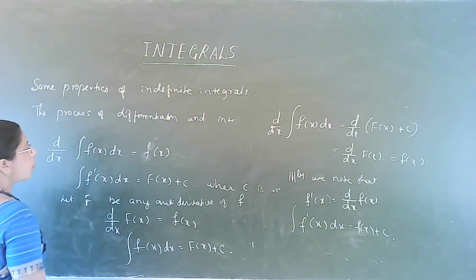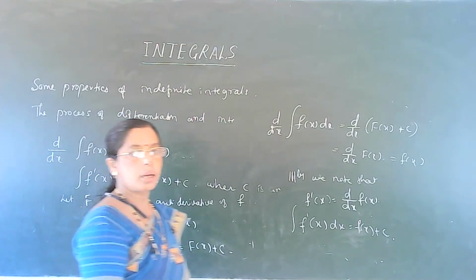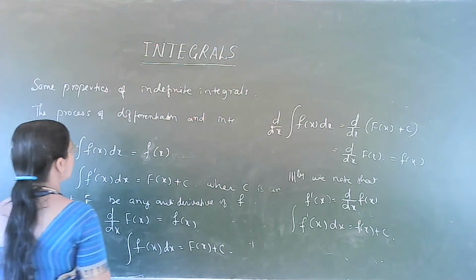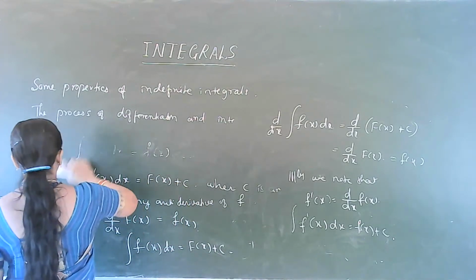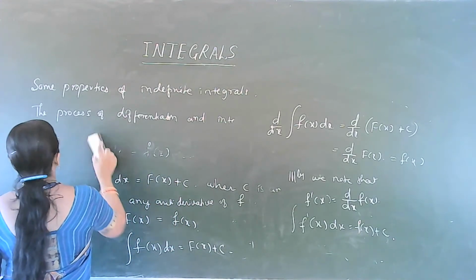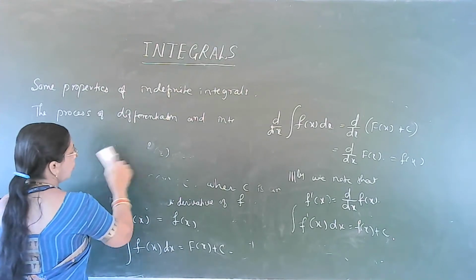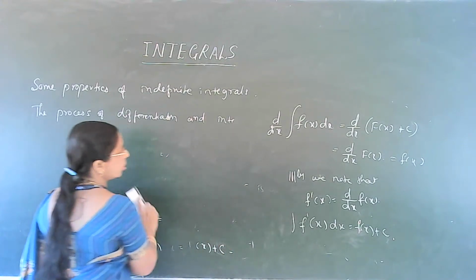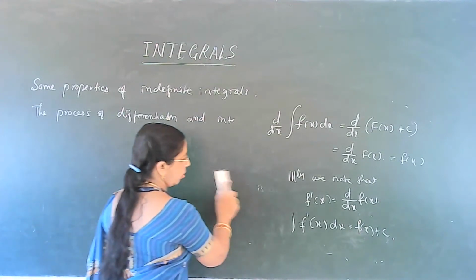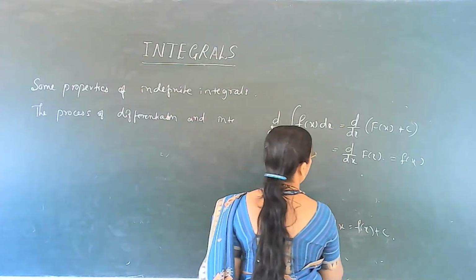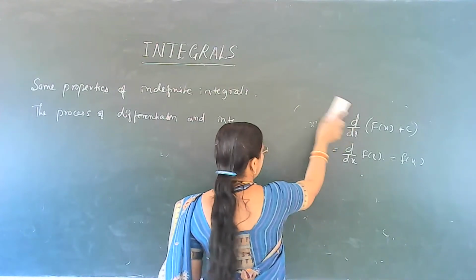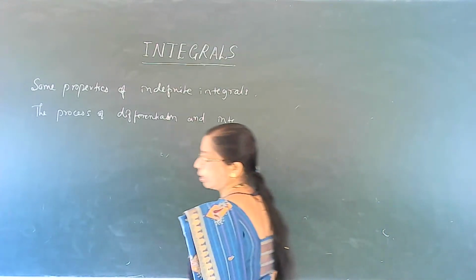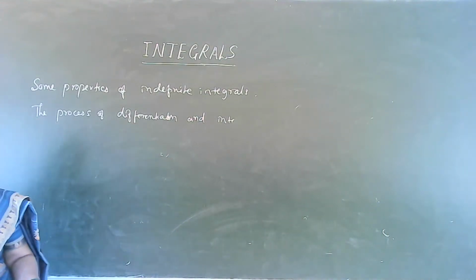It's the reverse process. Integration is the reverse process of differentiation, and differentiation is also the reverse process of integration. In the same way, we can write that the processes of differentiation and integration are inverse processes. Inverse of differentiation is integration. Reverse of differentiation is integration.